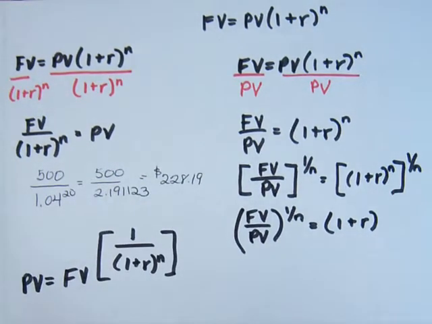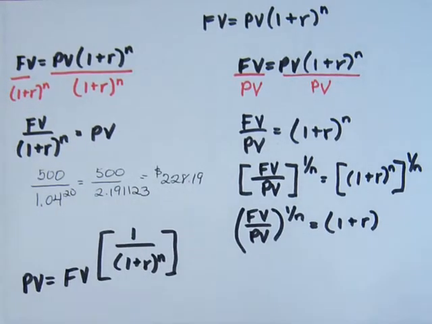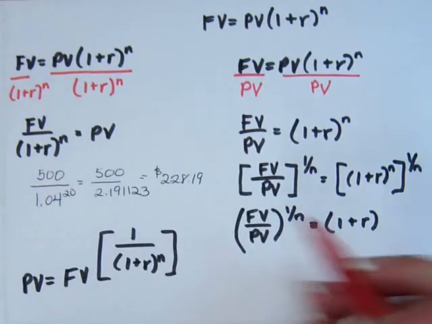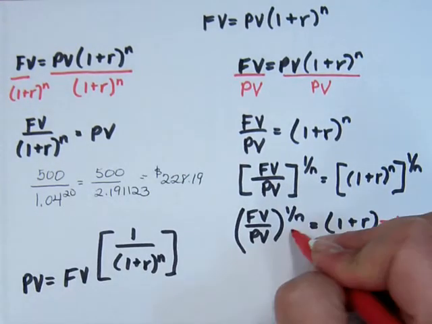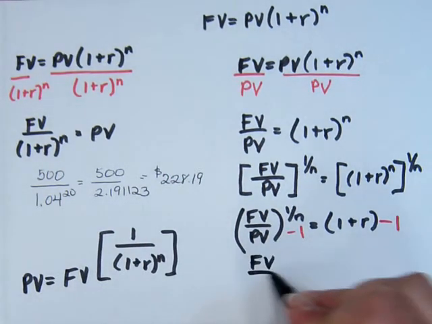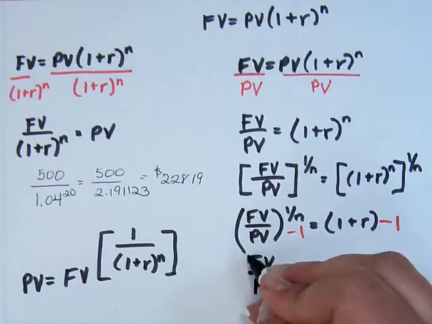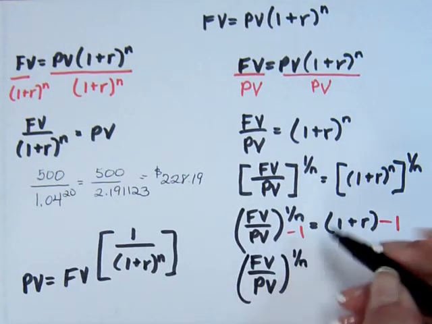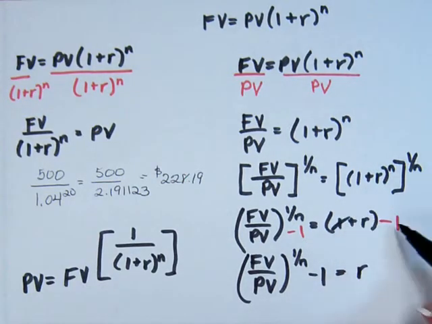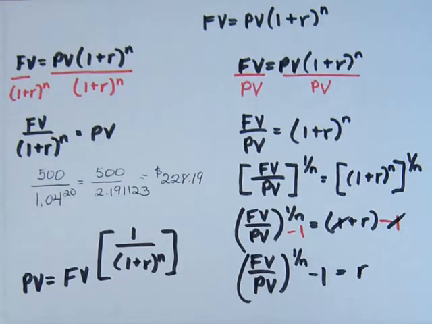Now, if 1 plus r is the rate plus 100% of the original amount, we would need to subtract 1 from both sides. And that would leave us with FV divided by PV raised to the 1 over n minus 1 equals r, because these two 1s are going to cancel out. That's the same formula as on page 61.